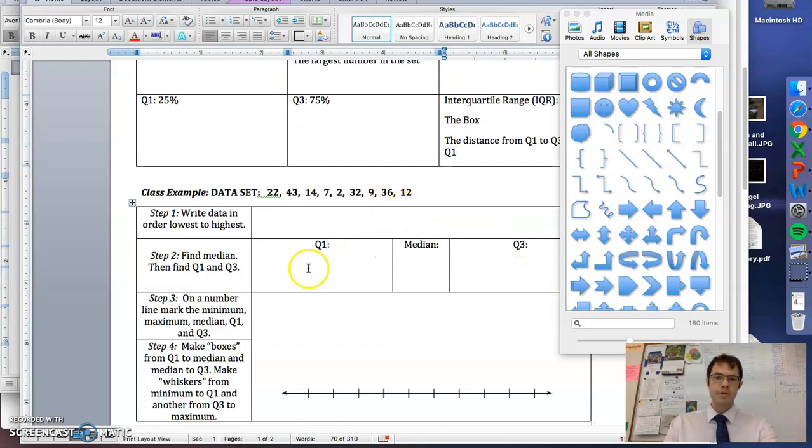So here we have an example. Step 1 is to write the data in order from lowest to highest. So I've got my data, and I'm going to rewrite it in order. So it's got 2, 7, 9, 14, correct me if I'm wrong here, everybody. 12. Yeah, totally wrong. Did you catch that?